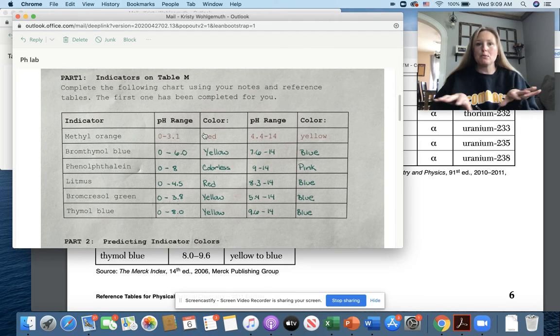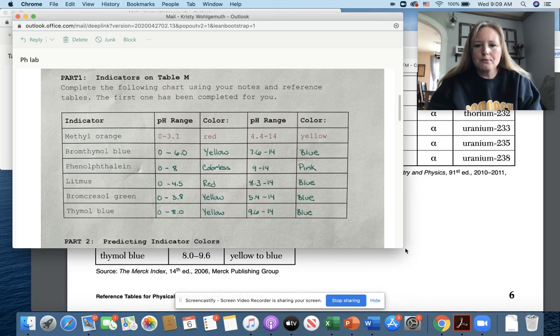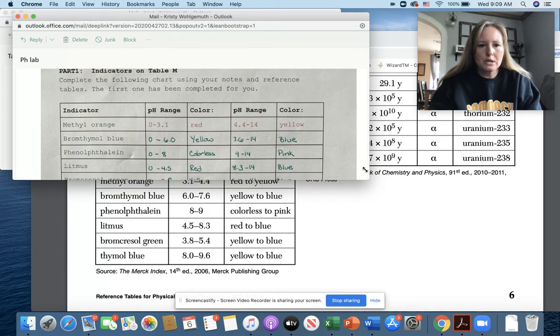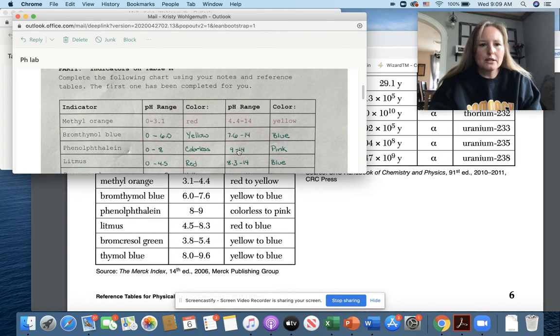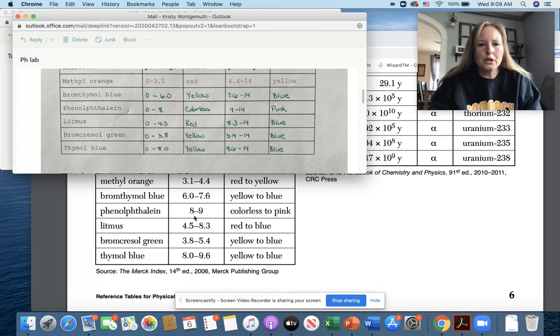It cannot be within that color changing range because we don't know. So bromthymol blue, 0 to 6 has to be yellow, 7.6 to 14 has to be blue. Phenolphthalein, 0 to 8 has to be colorless, 9 to 14 has to be pink.